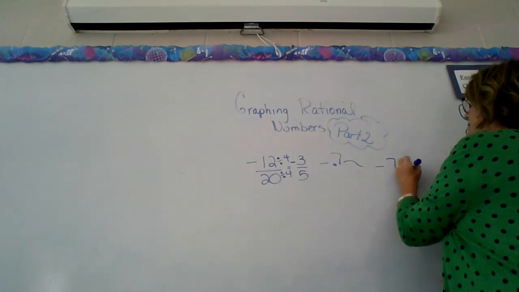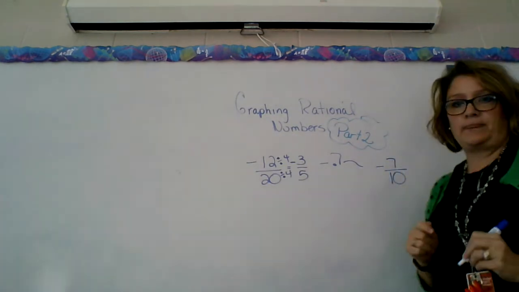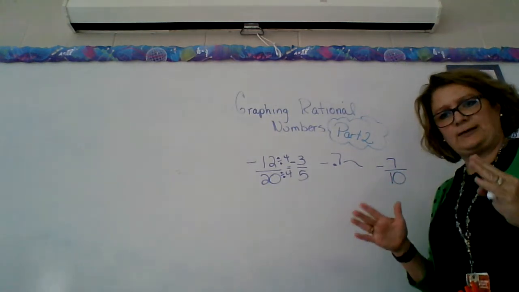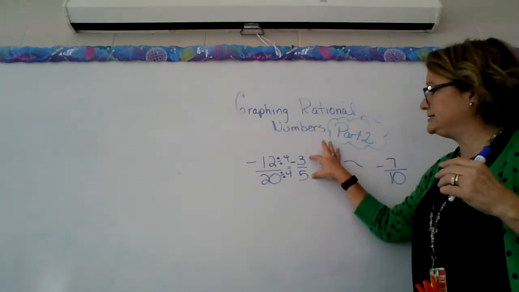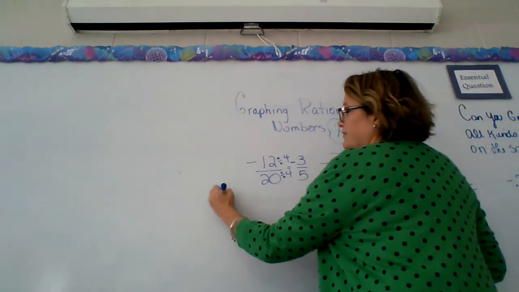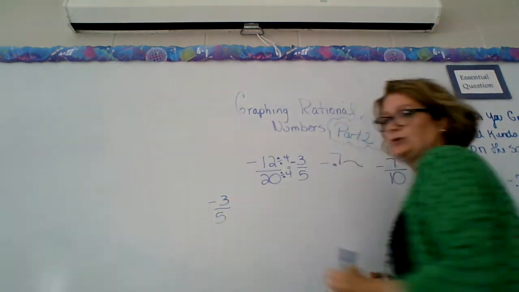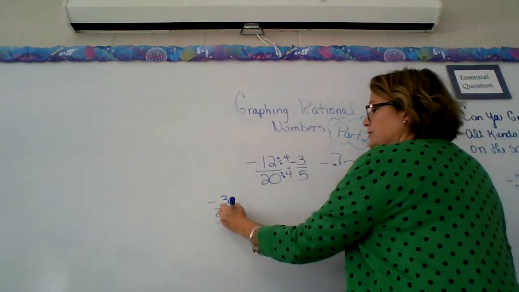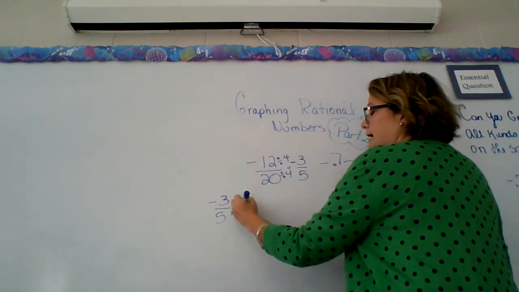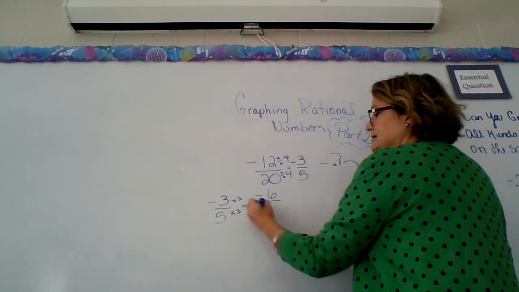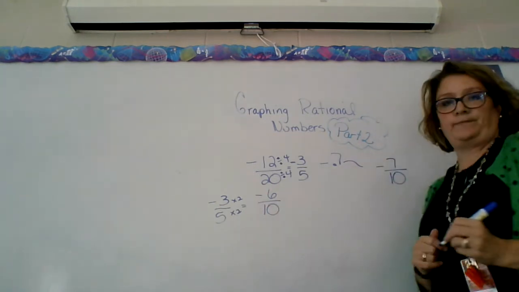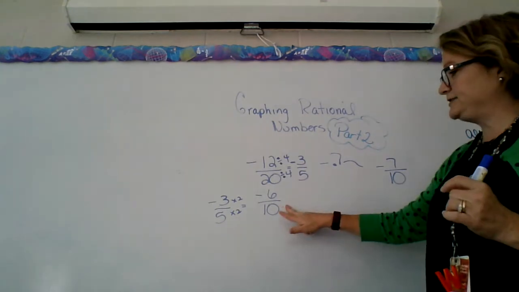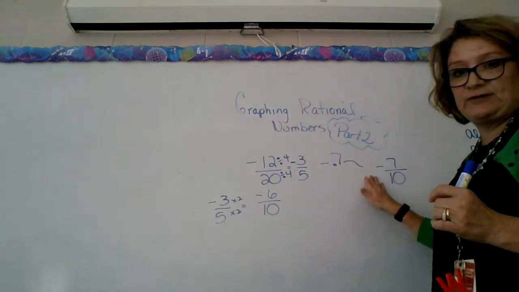So now, if I have to put these on the same number line, I could very easily take negative 3/5 and build it up to have tenths. I could multiply both parts of this by 2, and that could give me negative 6/10. Okay, so I've got negative 6/10, and I have negative 7/10 right here.